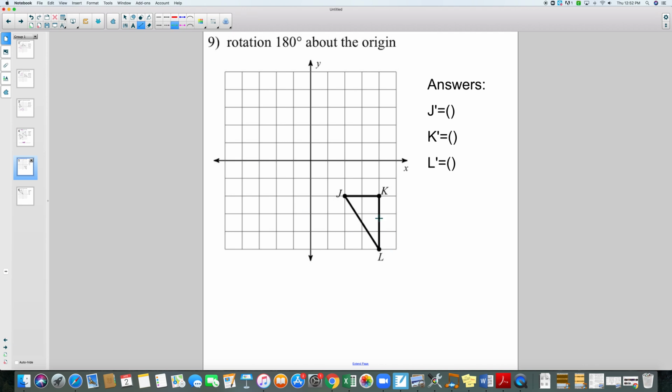Let's start with J. If I take J, start there, and go all the way through, I can see that 180 would be right there. If I take K, we'll take K and go through the axis point.